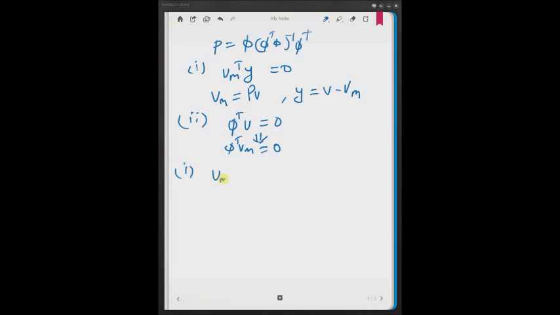That is, Vm transpose y equals, now using the definition, P times V, that is phi multiplied by its inverse, phi transpose phi multiplied, whole transpose, multiplied by y, which is V minus Vm.